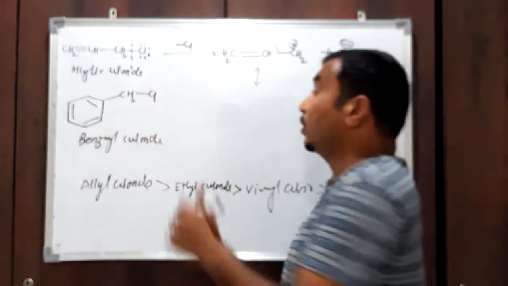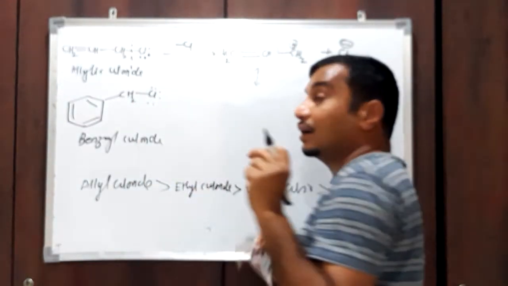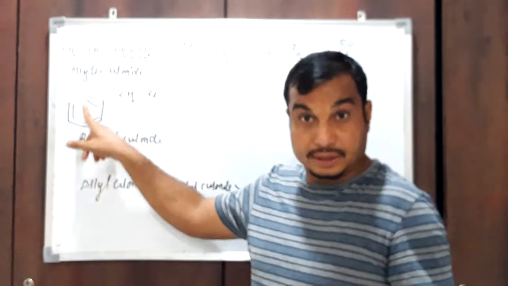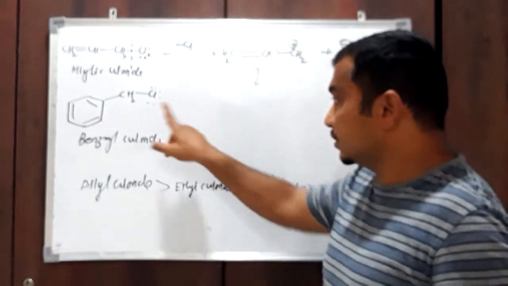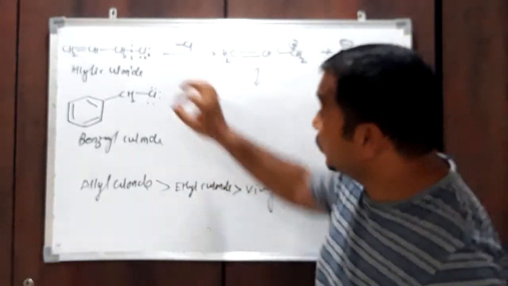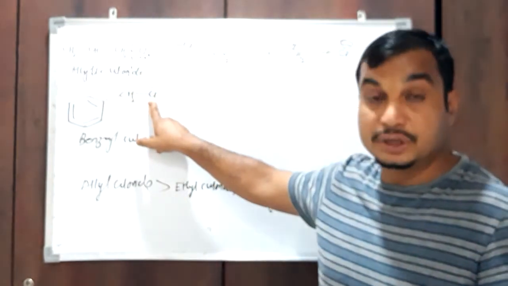So the lone pair of electrons on the chlorine atom is not in conjugation with the pi bond of the benzene ring. Therefore there is no resonance. This bond has purely single bond character, and it is very easy to remove or replace the chlorine atom from benzyl chloride.